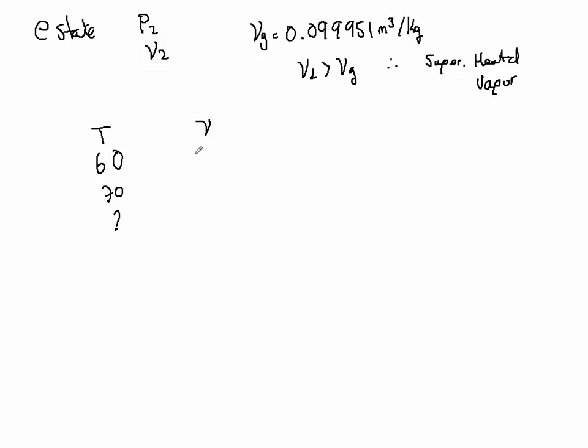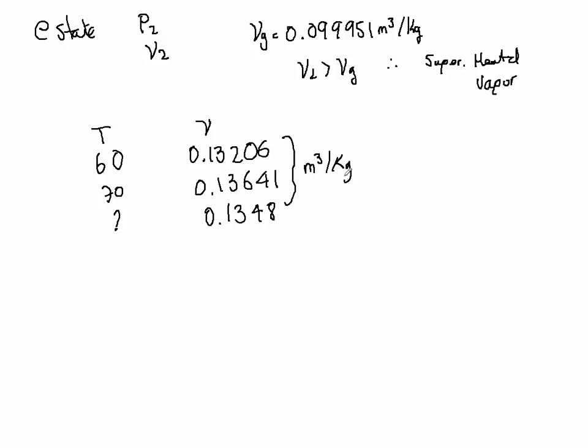The values of the volumes that we have are 0.13206, then 0.13641, and the one that we're looking for is 0.1348. All of these are going to be in meter cubed per kilogram, and the temperatures are going to be in Celsius. If we do the interpolation, we find that the temperature T2 is going to be equal to 66.3 Celsius.